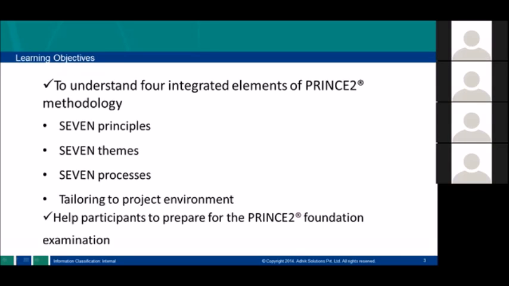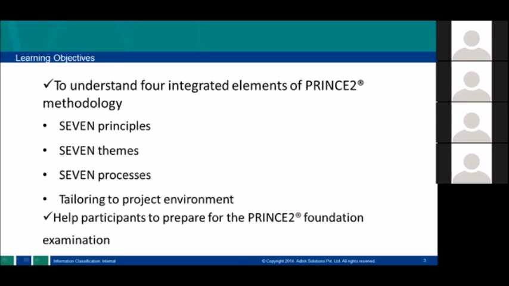If I tell you some of these 7: plan is 1, quality is 2nd, change is 3rd, business case is 4th, progress is 5th. Like that, we have a total of 7 themes here, and these are the main aspects we need to handle.